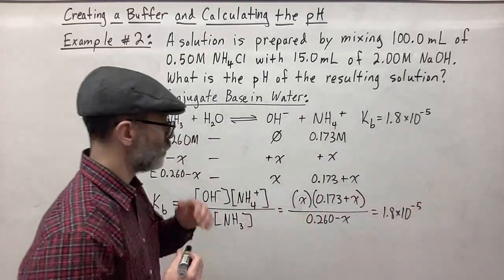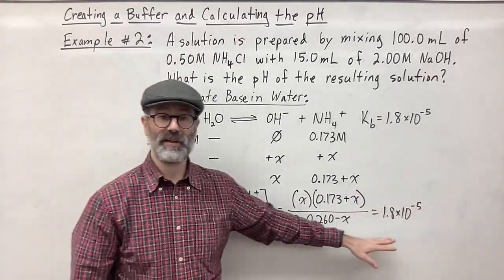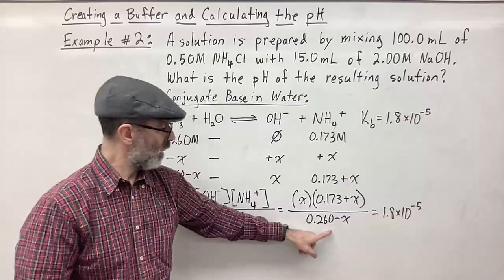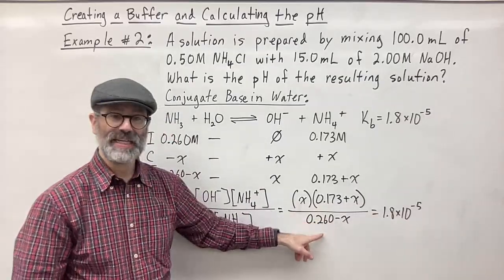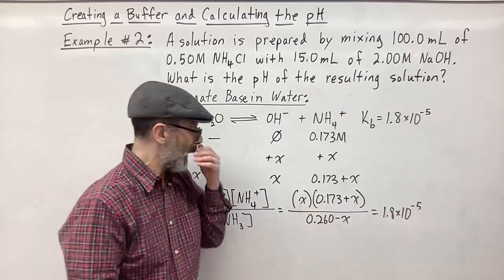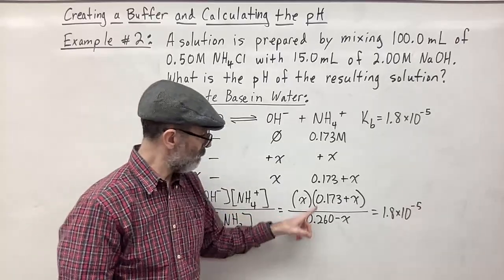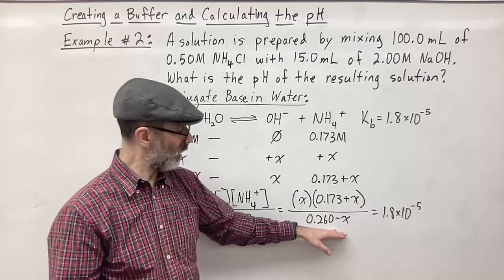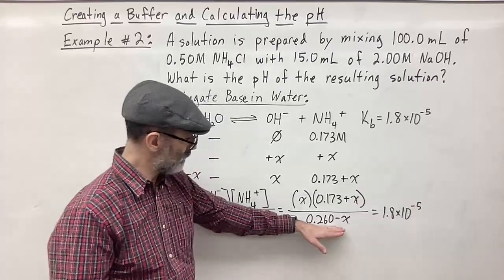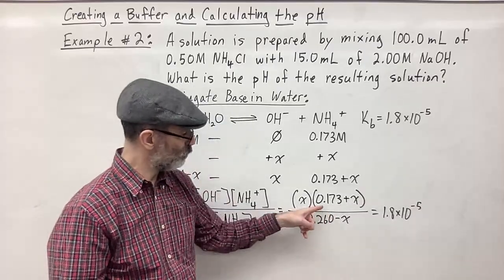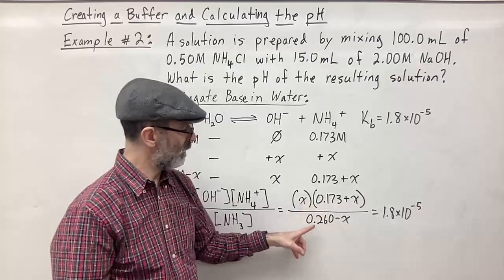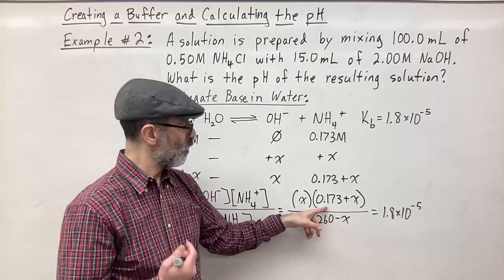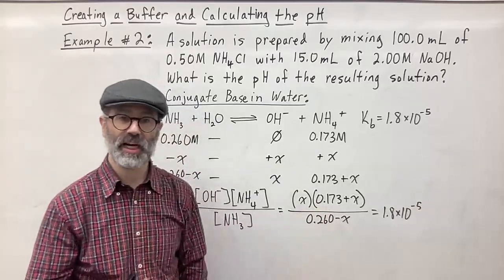Now, again, let's look at the Kb value, our K value, with respect to the initial concentrations that were given. You'll see that both of these are about times 10 to the negative 1. If I was to write this in scientific notation, we'd have 2.60 times 10 to the negative 1, and here we would have 1.73 times 10 to the negative 1.